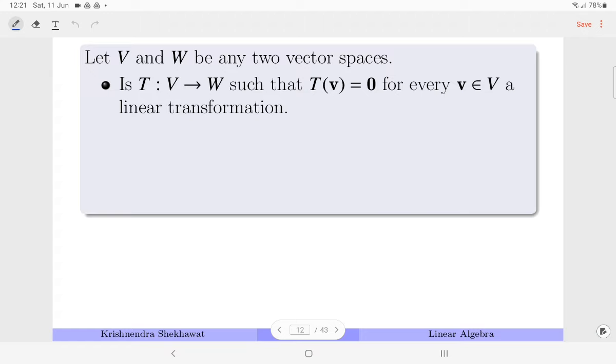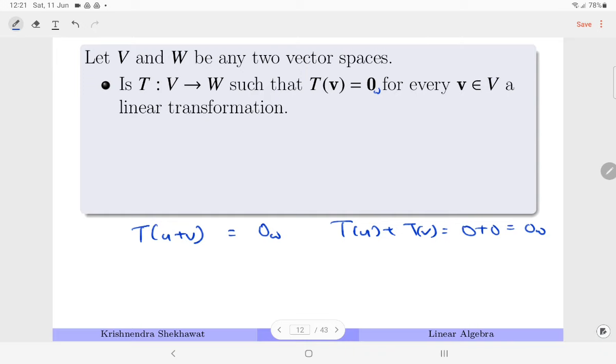So let V and W be two vector spaces. Then you need to tell me, recall the zero transformation. Is it a linear transformation? The zero transformation takes every vector to the zero vector. Yes, so if I write the left hand side T of u plus v, it must be the zero vector, and T of u plus T of v is 0 plus 0, which is the zero vector.